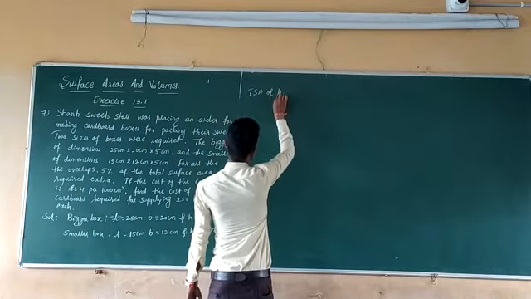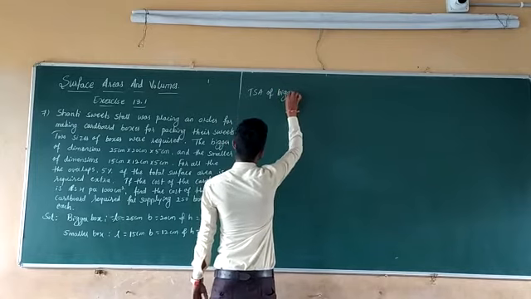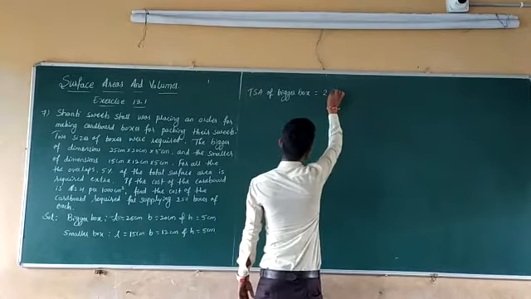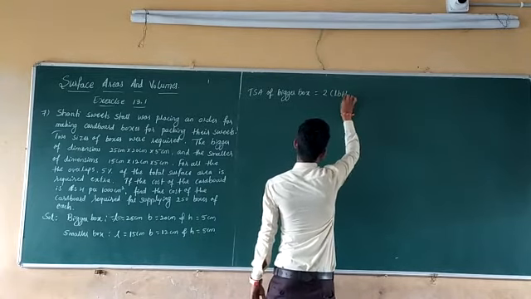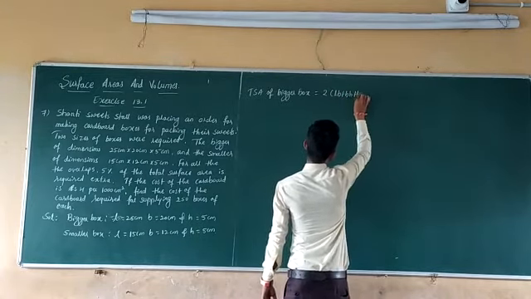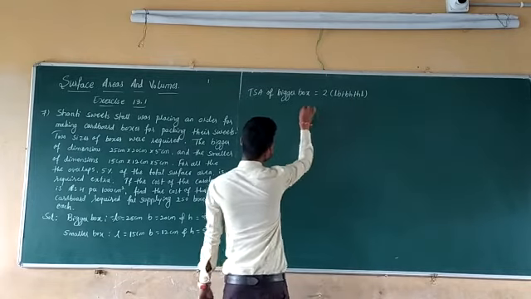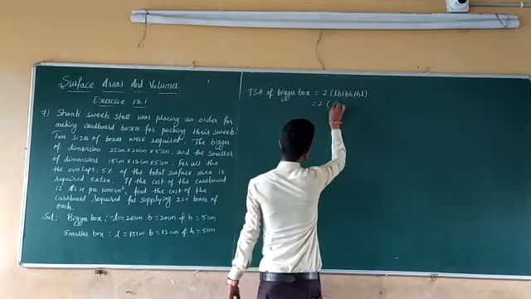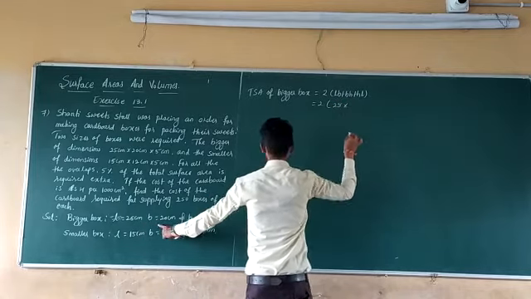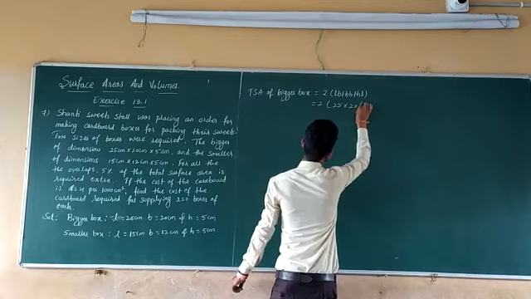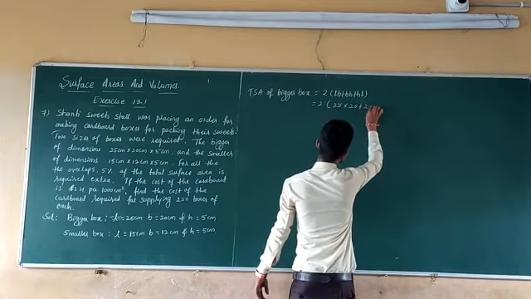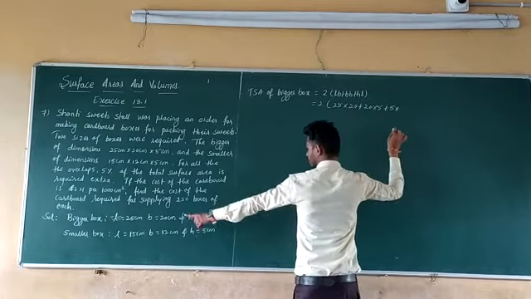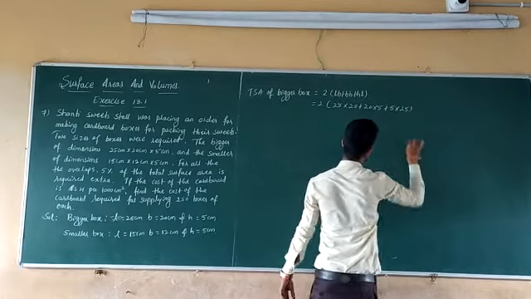TSA of bigger box, which is equal to, what is the formula? 2 into LB plus BH plus HL, which is equal to 2 into L, 25, into B, 20, plus B, 20, into H, 5, plus H, 5, into length, 25.